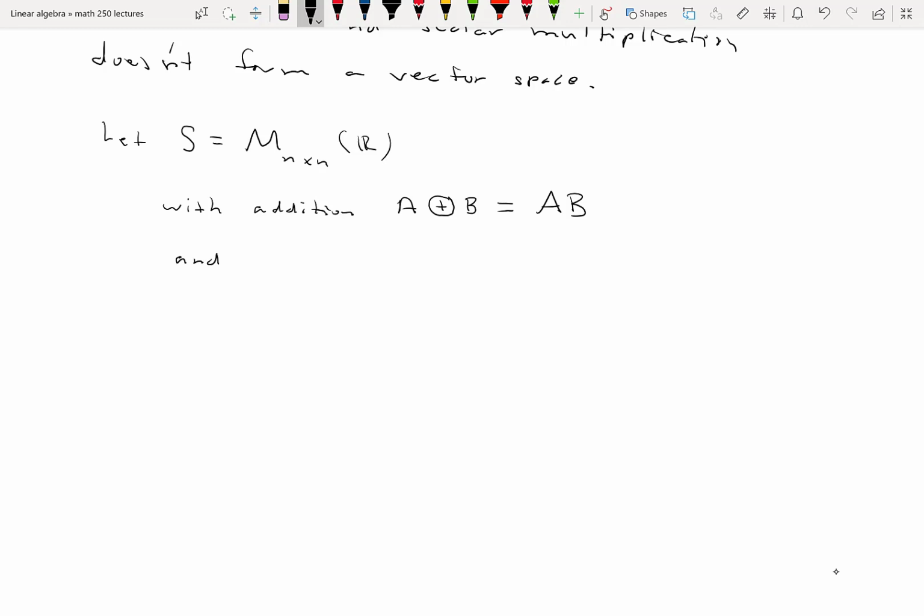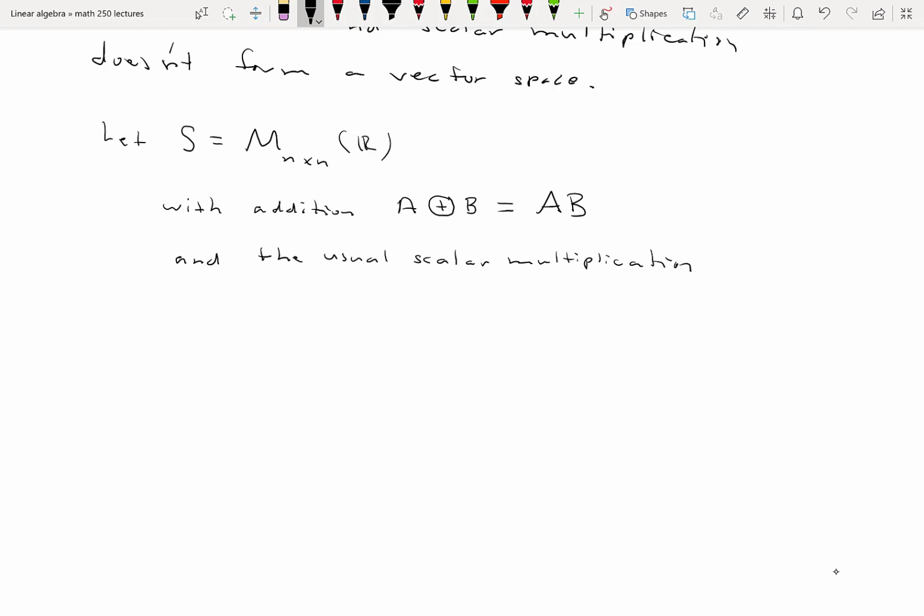And the usual scalar multiplication. So the usual constant C, scalar C times matrix A. Just multiply the corresponding entries of A by C.